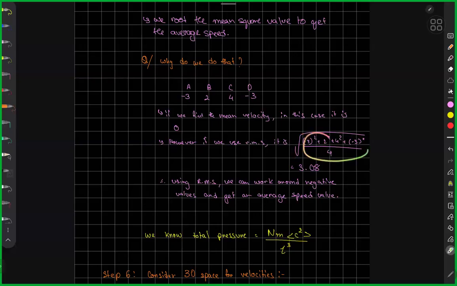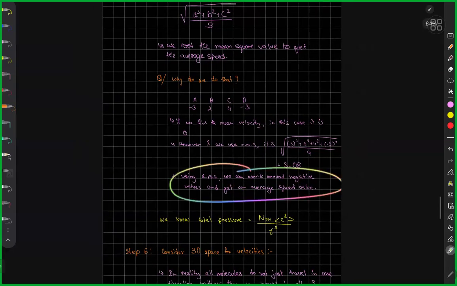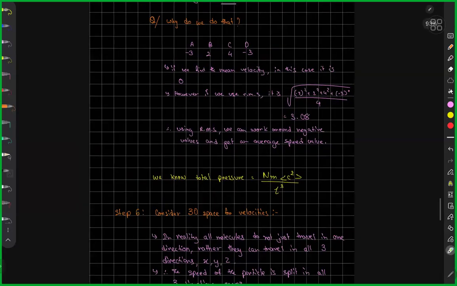So first I find out the average squared value, then I take a root of that average squared value. And ultimately I get the root mean square value. Okay, so this is why RMS or root mean square is used to get rid of the negative values. And I get a sort of an accurate average of all the particles' speed. That's why we use root mean square.